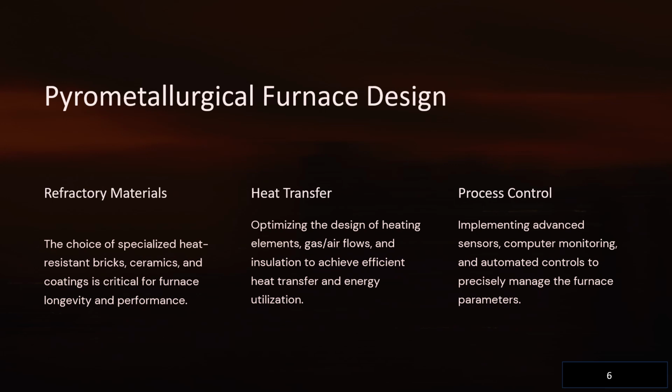Then lastly, we move to the process control, and this talks about implementing advanced sensors, computer monitoring, and automated controls to precisely manage the furnace parameters. I think this talks about technicality. Your furnace should be able to control and manage its parameters, and that's the process control.